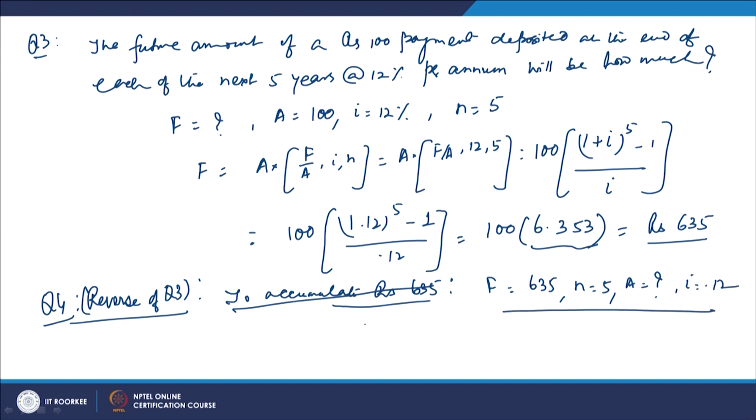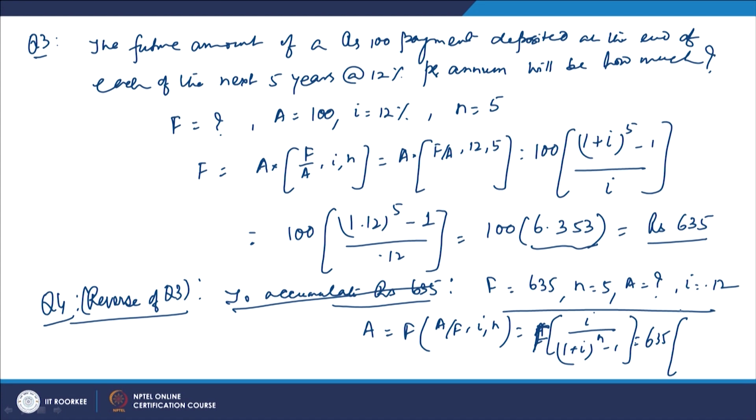So in that case you are going to use A as F into A by F I n. So it will be A equals F into I upon (1 plus I) raised to the power n minus 1. So you will have 635 into 0.12 upon (1.12 raised to the power 5 minus 1).